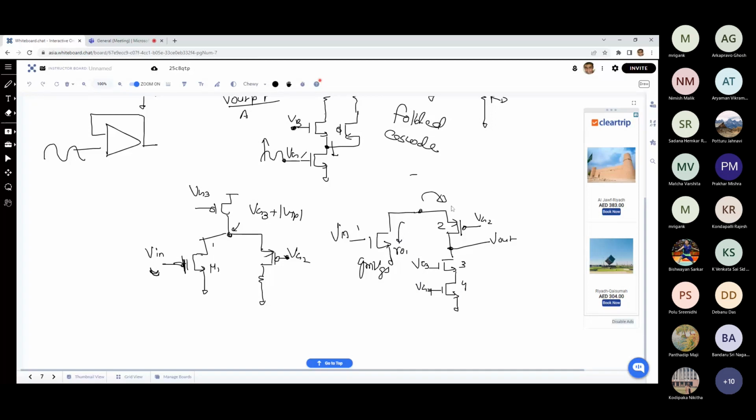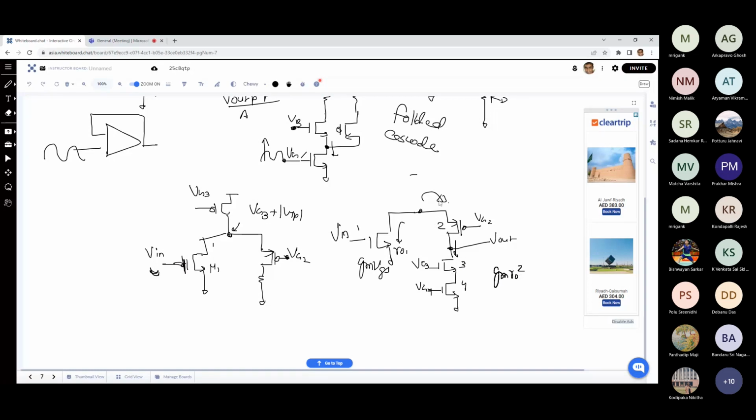What about this one? Looking into the source of M2. It's the same scenario. The only thing is it is a PMOS. You are looking into the source of the PMOS, where the drain resistance is what? The drain resistance is nothing else but the resistance of the stacked Cascode MOSFET, which is GMRO square.